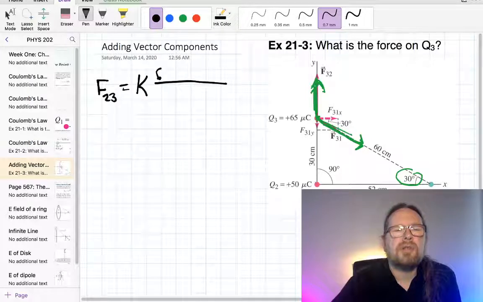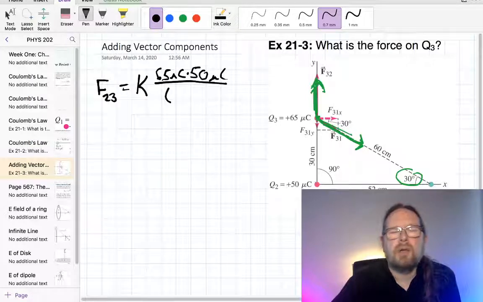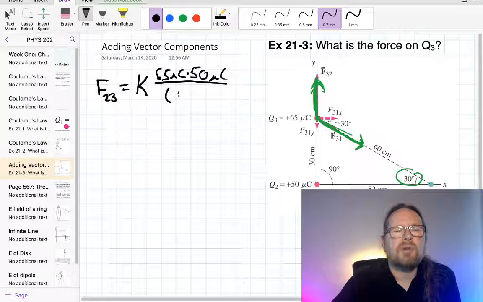The charges are 65 microcoulombs and 50 microcoulombs, divided by the distance between those two squared, which is 30 centimeters, or 0.3 meters, squared.